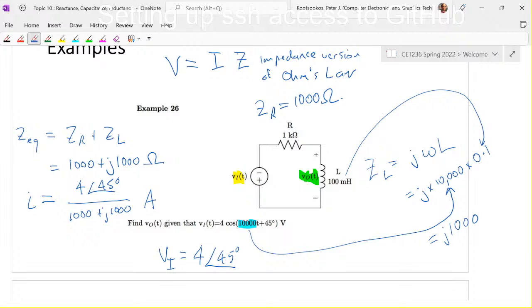Now we've got a slight problem. We've got the numerator in polar form, and we've got the denominator in rectangular form.